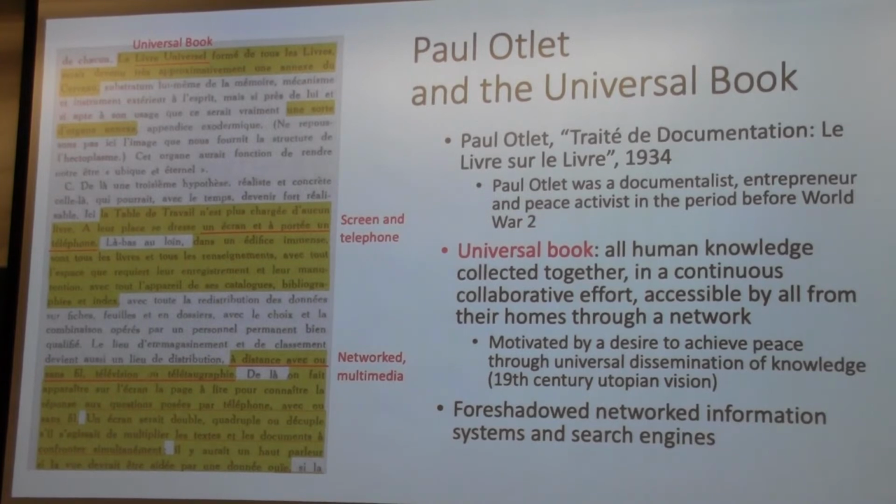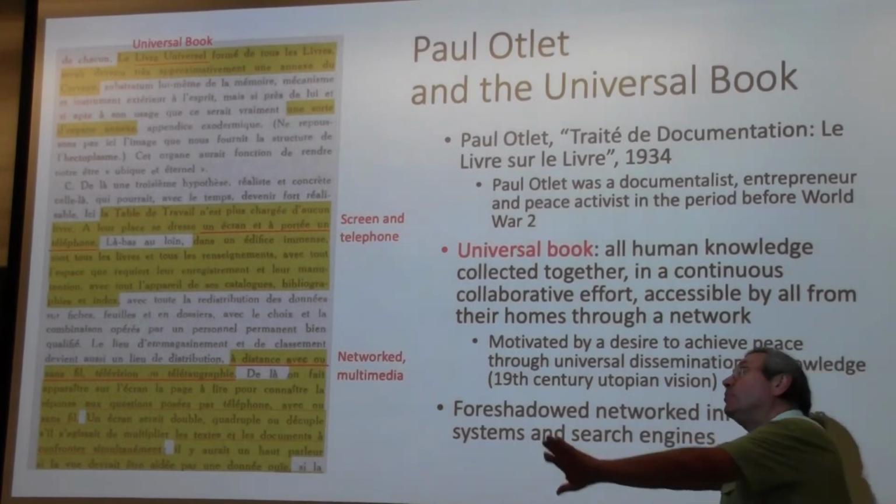You can see that these ideas are not coming out of nowhere. People imagine it way in advance. Huh? So Bush and Otlet are the kind of visionary people. So it's very important that you can see how they think. How did he imagine it? He basically took an idea and pushed it to the limit.